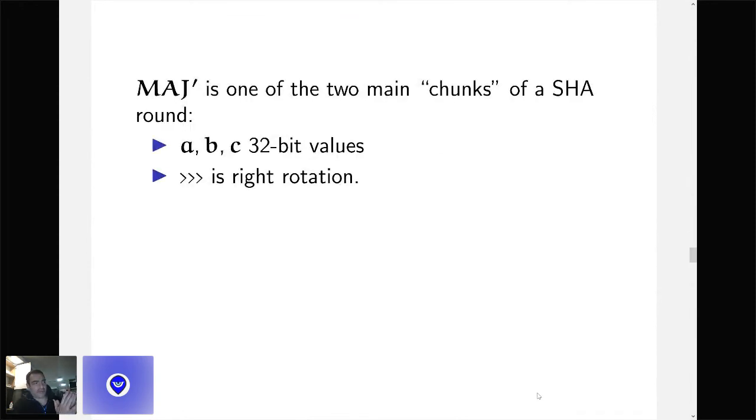If you think of SHA-256, there are these rounds, and in each round there are two heavy operations. One of those two is the majority prime, the Maj prime operation. What is majority prime? Its inputs are 32-bit A, B, and C. To define it, let's use this symbol for the right rotation of 32-bit values.